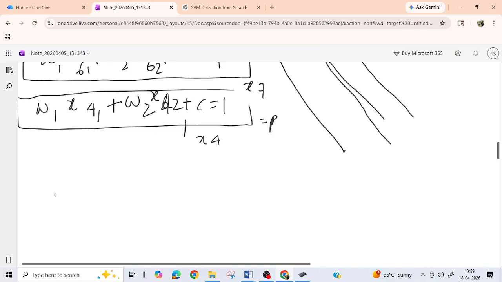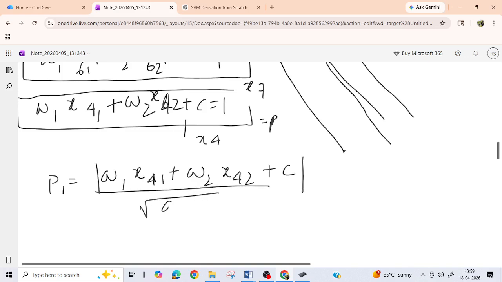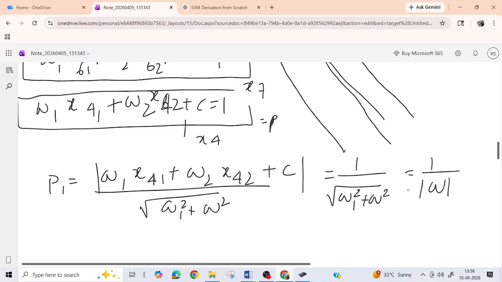So the perpendicular distance p1 is from x6 to x4, so it would be w1 x41 plus w2 x42 plus c divided by the square root of w1 square plus w2 square, okay? And we know this is equal to +1, so this becomes 1 by the square root of w1 square plus w2 square. You could write it as 1 by norm w.